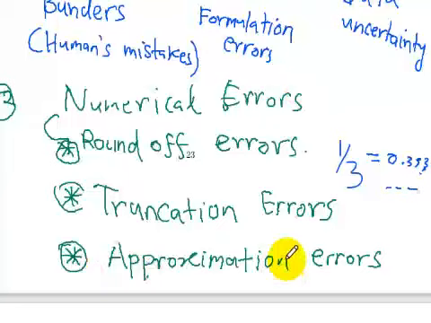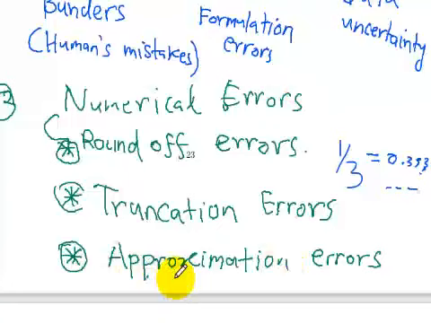And the last one, approximation error. Say you have a problem, and when you compute something, you cannot deal with a continuous variable, so you have to discretize that variable, right?